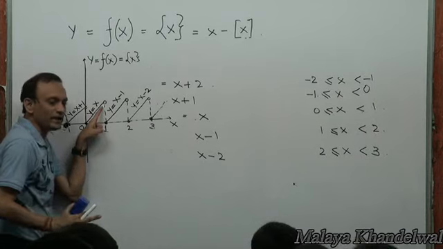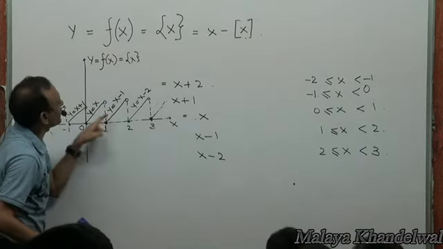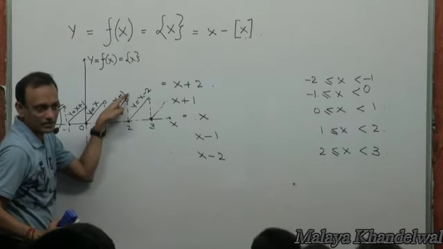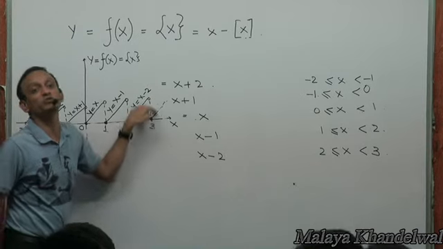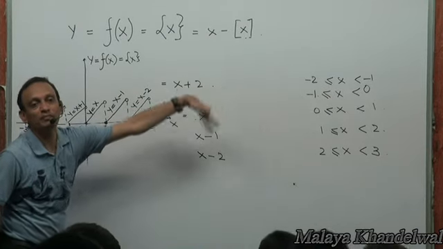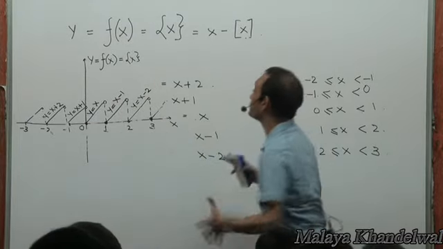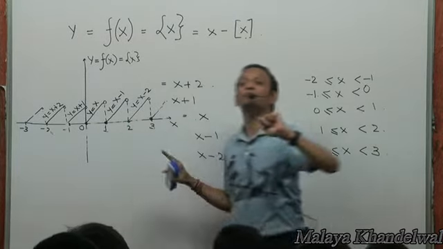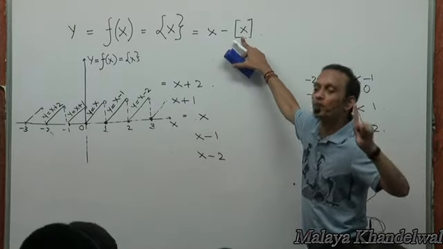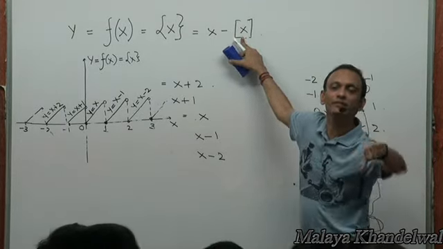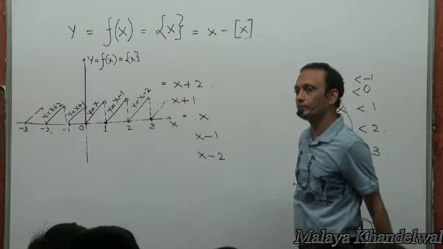Moment x became equal to 1, it exhibited abruptness. And then between 1 and 2, it was going all right, y equal to x minus 1. At x equal to 2, it exhibited abruptness. Every time x was an integer, there was an abruptness demonstrated. Between two integers, it was doing good, but at an integer, there was an abruptness, and that character came out of box x, because box x changed behavior every time x was an integer. Right? Yes or no?